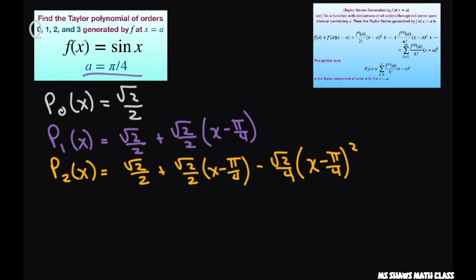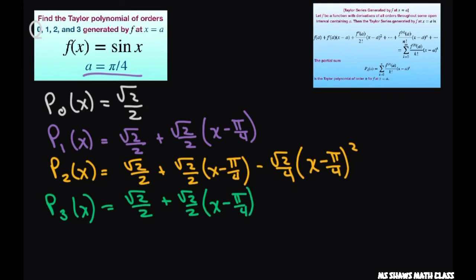And finally, for the last one, p sub 3 of x, copy all this down. Square root of 2 divided by 2, plus square root of 2 divided by 2, times x minus pi divided by 4. If you want, you can put parentheses here.